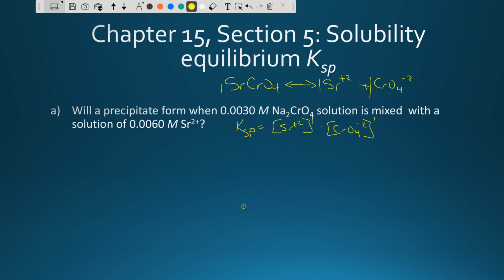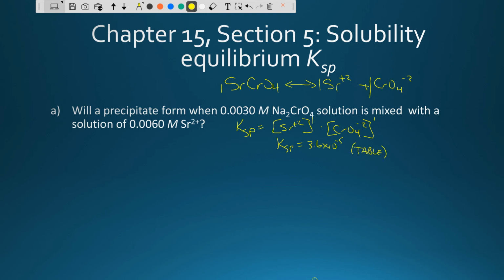So I plug my values in, and I see I have 0.03 of my chromate, and I see I have 0.006 of my strontium. And so my KSP then becomes 3.6 times 10 to the negative 5. That's just from my table. I can use that too. I could calculate it out that way.